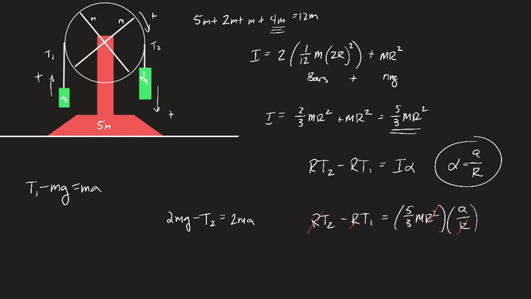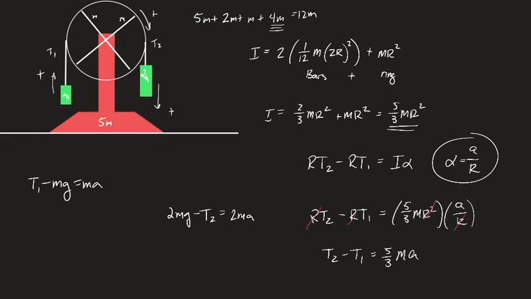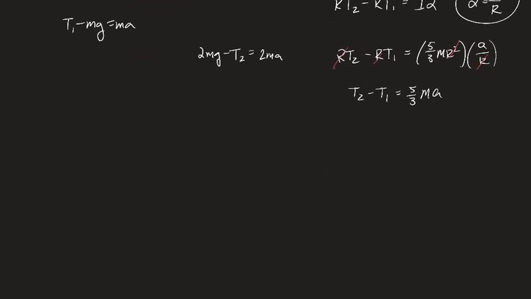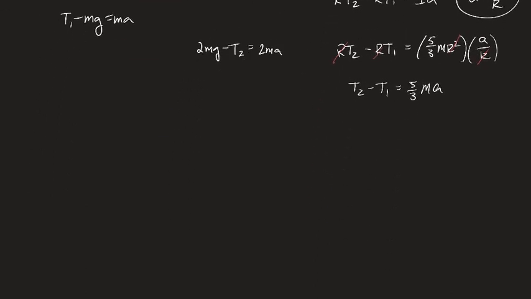Doesn't always happen, but in a problem like this one, where everything's in terms of r, and the problem was carefully crafted to be that way, the r's will often cancel, giving you T2 minus T1 equals 5/3 ma. We all good? All right, so that gives me a way to figure out the acceleration of the system.